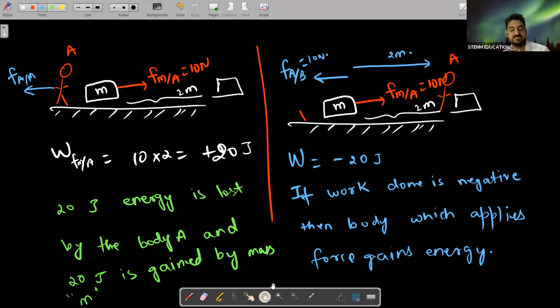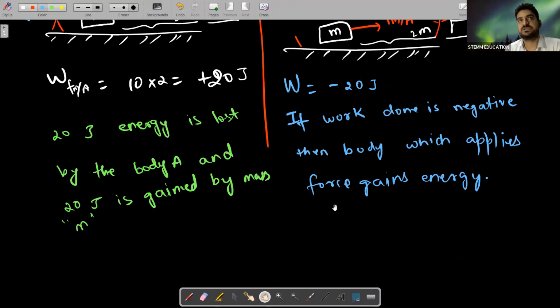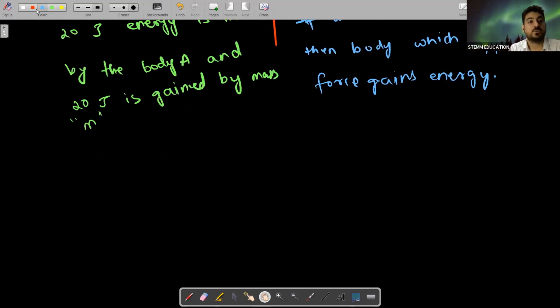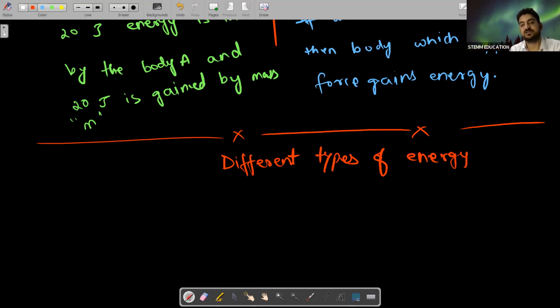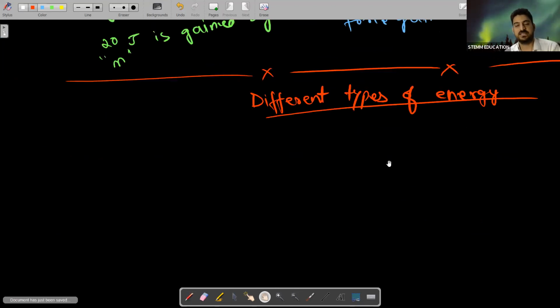So these were some topics that we have studied earlier, but now we are going to actually study about different types of energy. If we are going to study about different types of energy, it is going to be 2 types of energy.